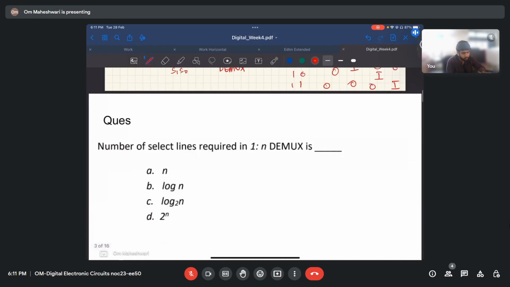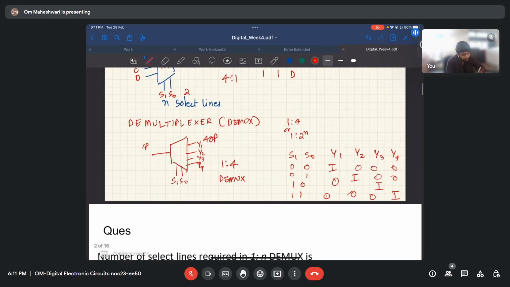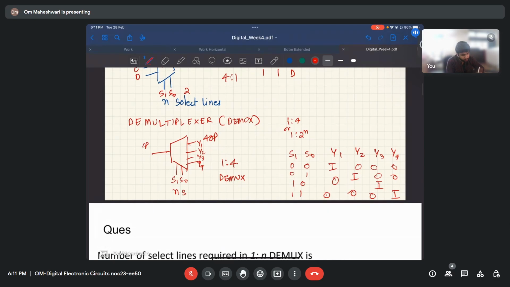So now the question was number of select lines required in a 1 is to n demux. If number of inputs we know is 1 in demux, number of outputs equals n. And earlier we saw if there are n select lines, there were 2 to the power n outputs, right?